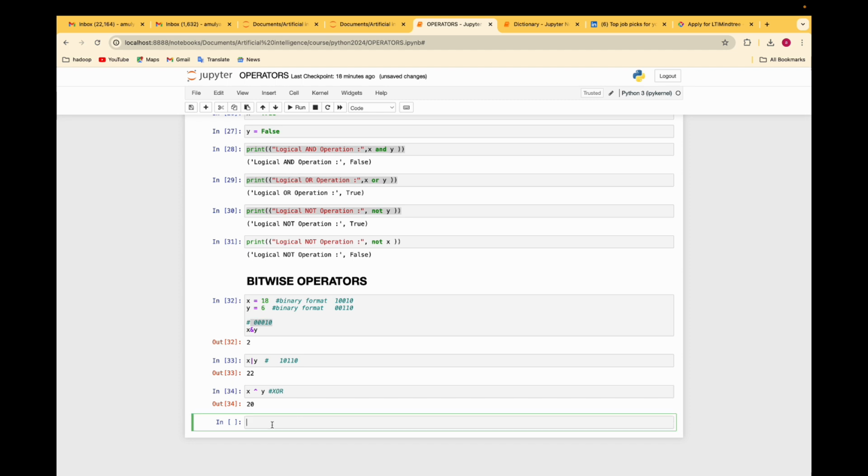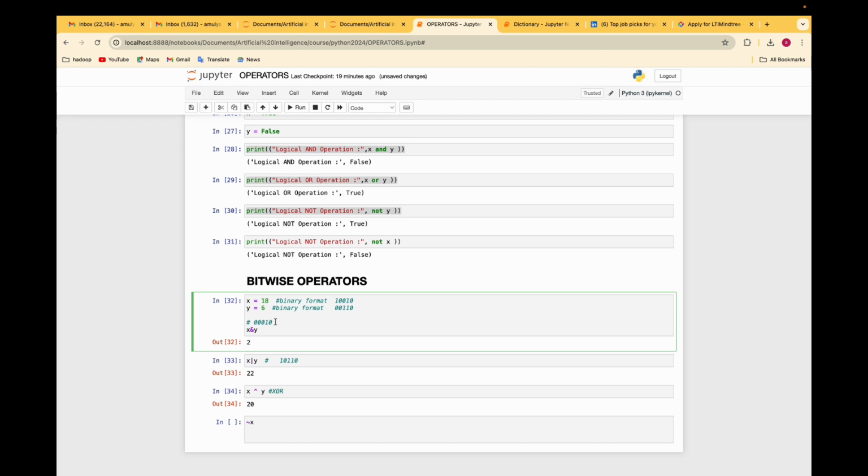How about not of x? So the x is 1 0 0 1 0.